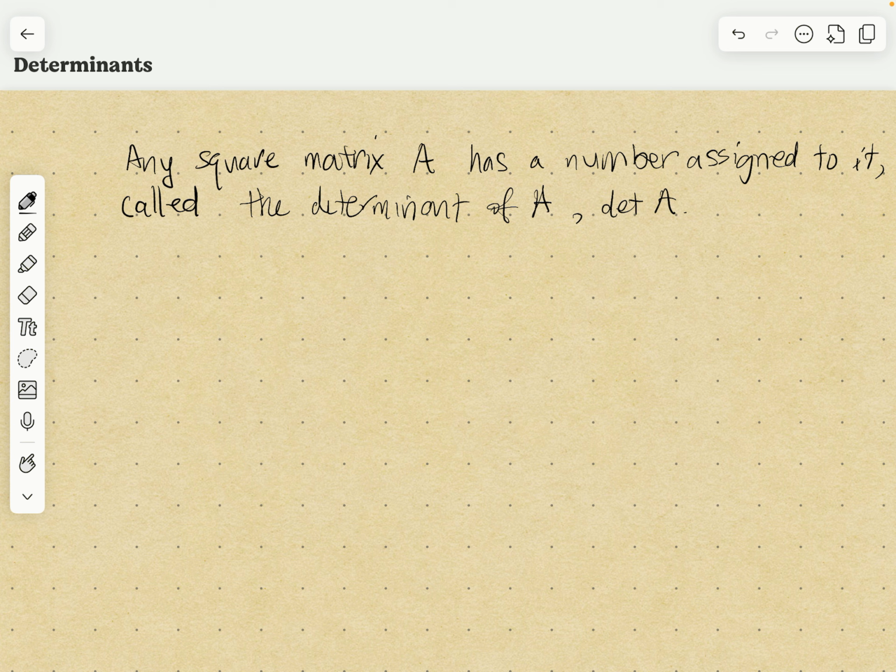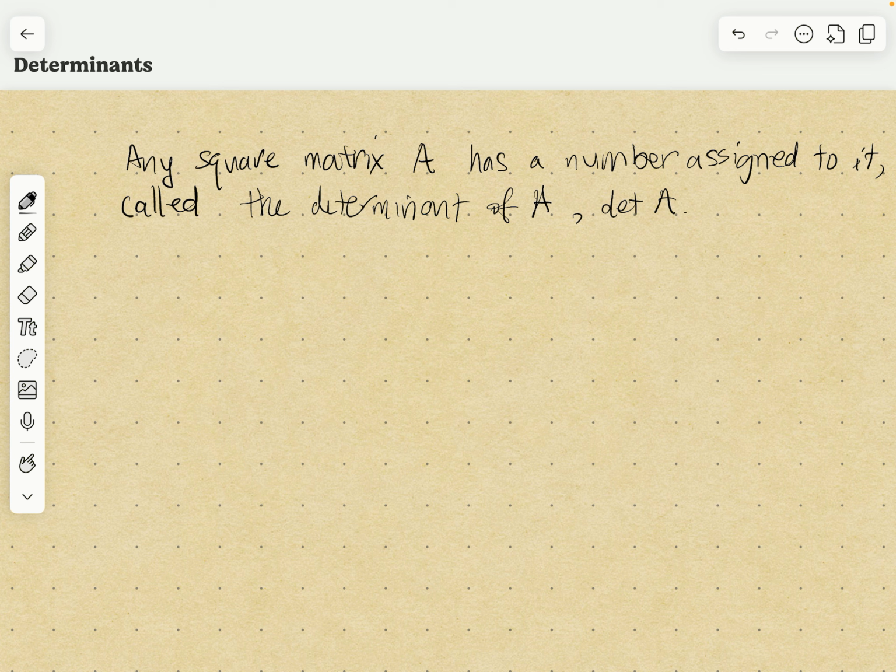When you have an n by n matrix, you can think of that as something that takes vectors in Rn to itself, right? Because if you have a vector x in Rn, you can multiply it by A on the left, and then you get A times x, and that's another vector in Rn.